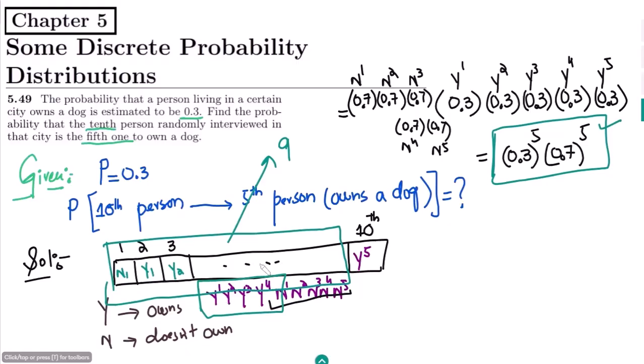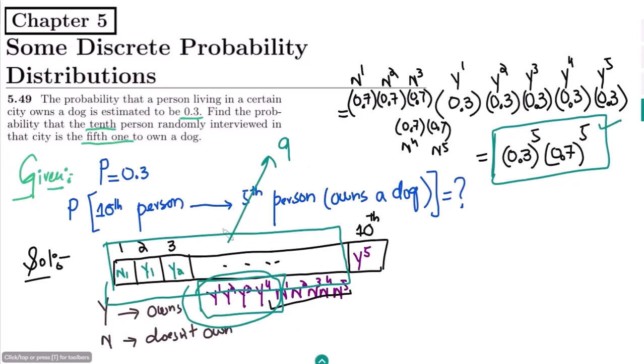So this is clearly a combinatorial problem, where this probability is true for only a specific combination, while to find the total number of combinations we have to find 9 choose 4. These 4 are the yes, so we have to multiply them with this probability, just like we have done in the binomial probability.